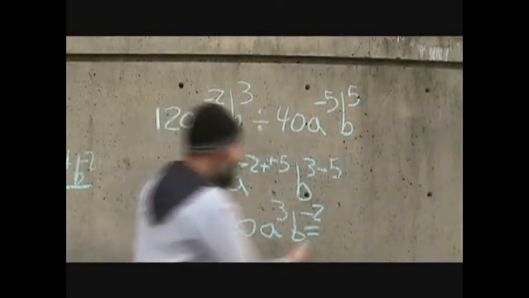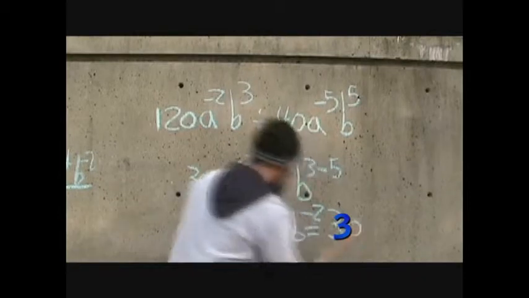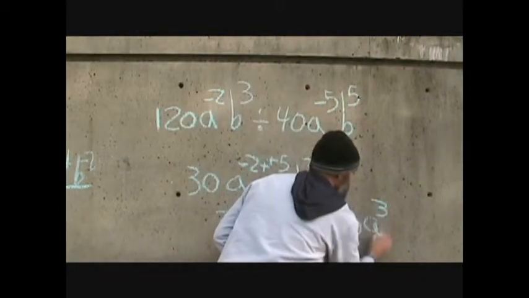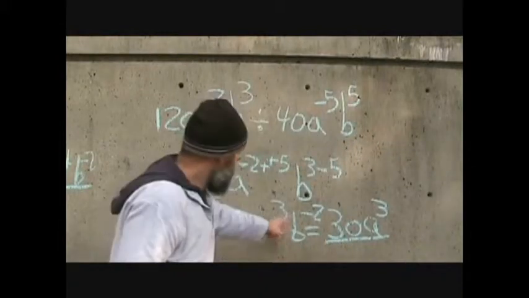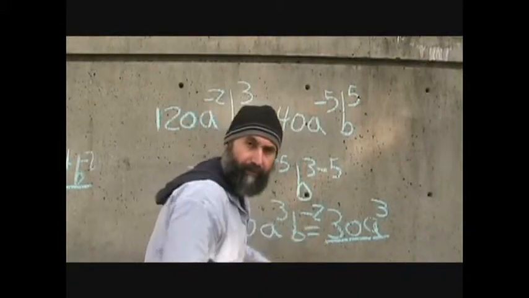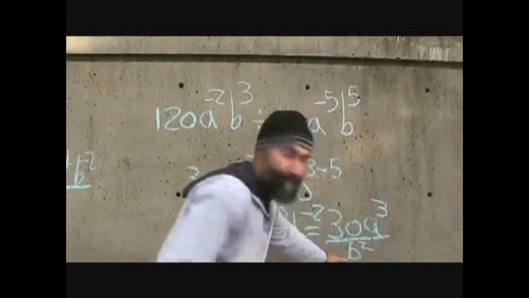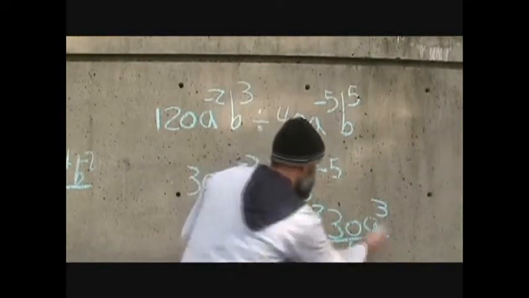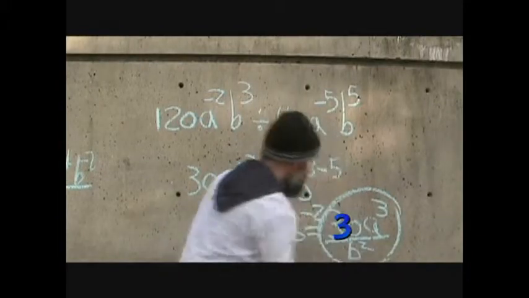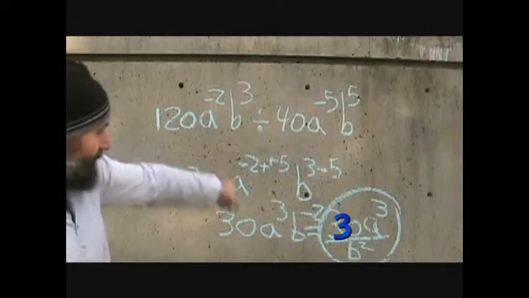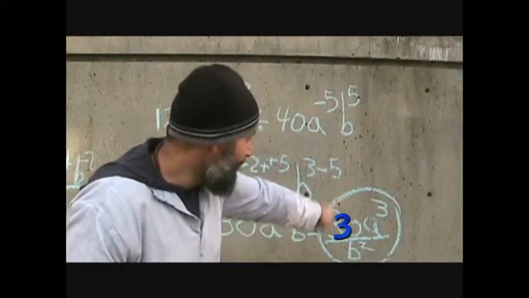So this becomes 30, a cubed stays on top, over b squared. And that's our answer. That whole thing just reduces down to 30 a cubed over b squared.